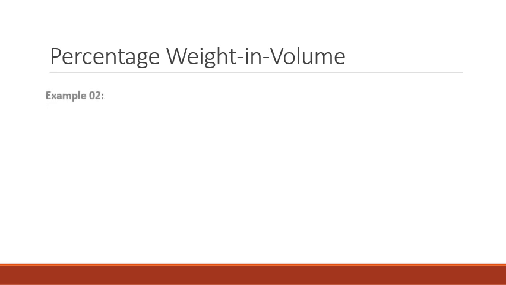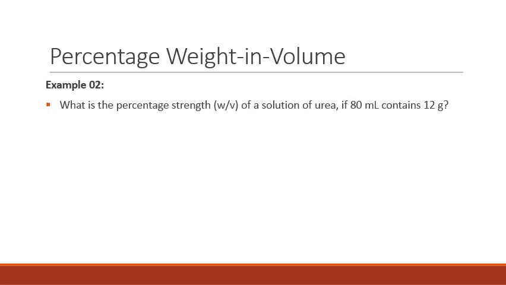Next question is: what is the percentage strength weight in volume of a solution of urea if 80 ml contains 12 gram? So 80 ml of a solution of urea contains 12 gram of urea.